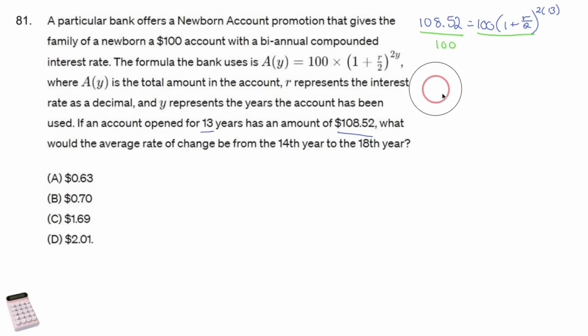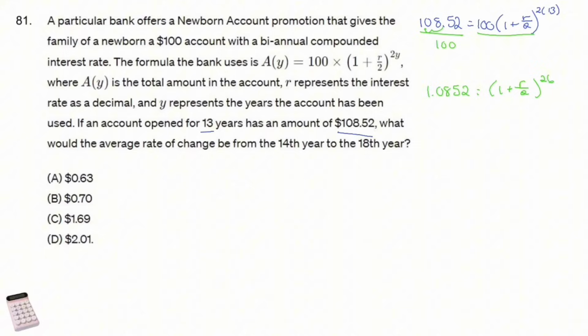Ugh, silly me. I can divide this in my head. I mean, dividing by 100 just has you move that over twice. So that becomes 1.0852. You could use your calculator, but I don't want to have to go back and forth when I make these videos. 1 plus r over 2 to the 26th.